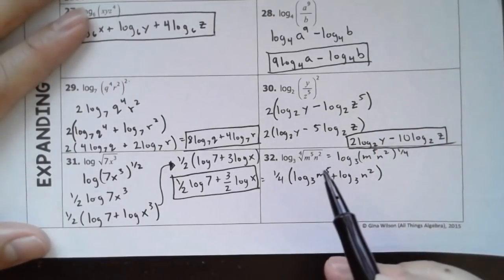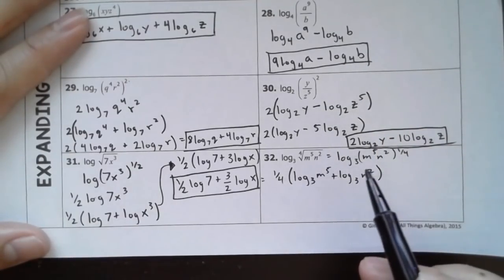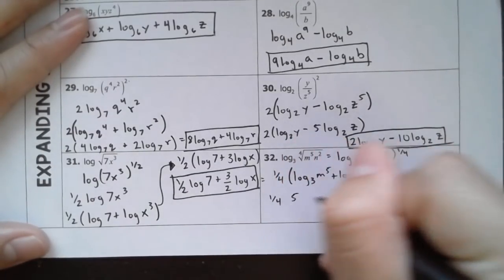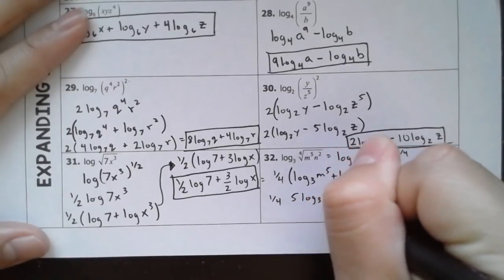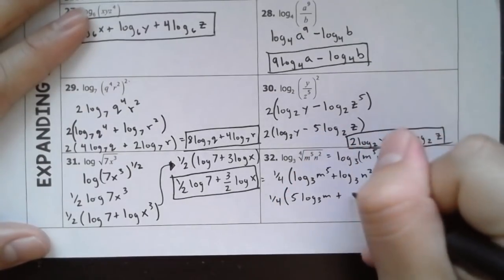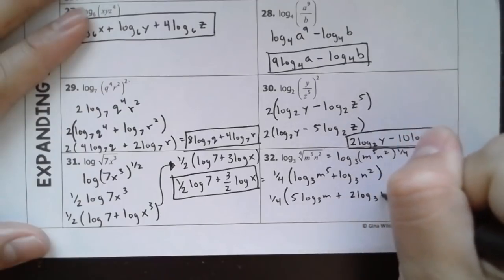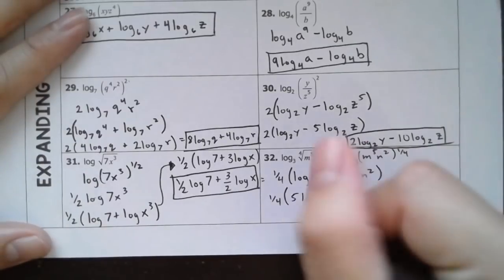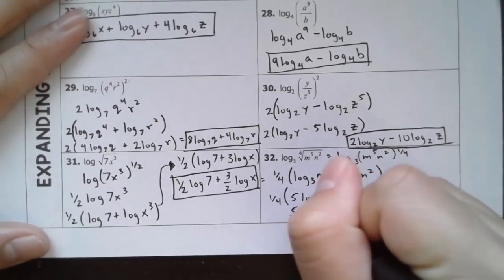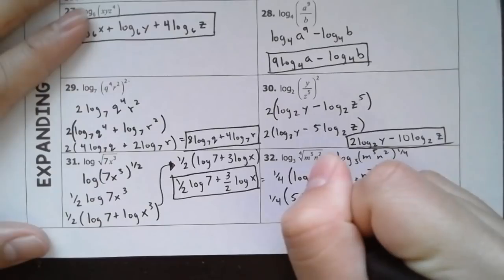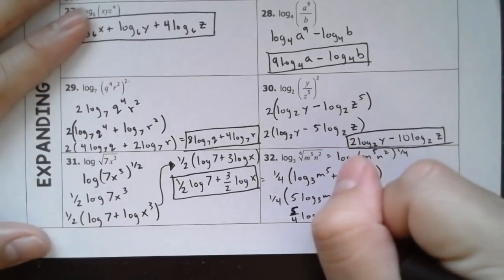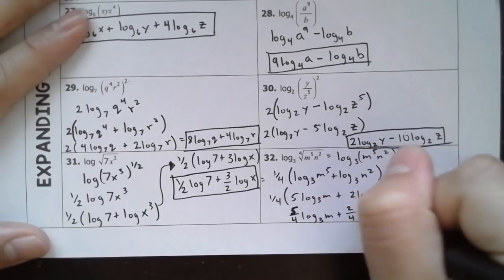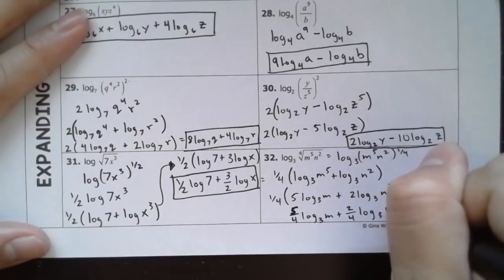I can move each of these exponents now to the front of the log, so I get 1/4 of 5 times log base 3 of m plus 2 times log base 3 of n, and then finally I can distribute the 1/4 now into both terms, so I have 5 over 4 log base 3 of m plus 2 over 4 log base 3 of n.